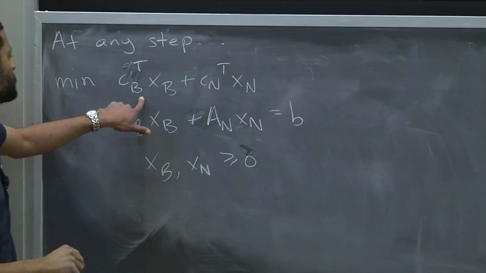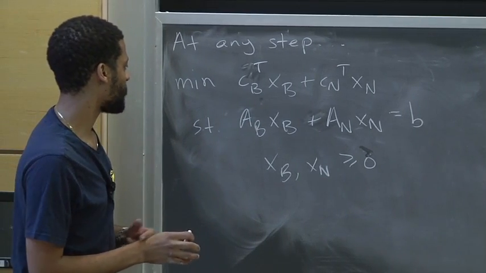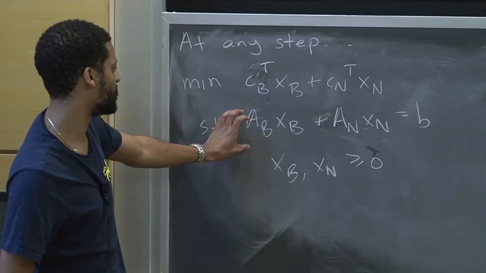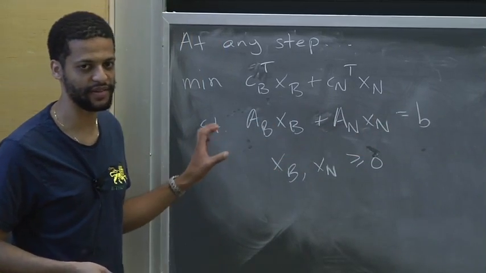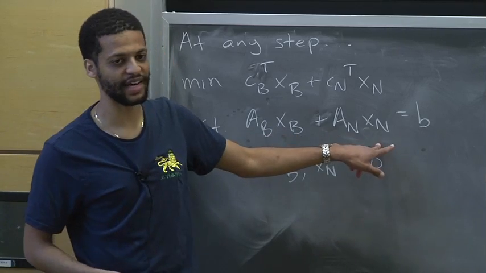When I put a set as a subscript, I just mean projected to those coordinates. And what we did last time was we multiplied both sides of this equality by A_B inverse. And that let us write x_B in terms of x_N.